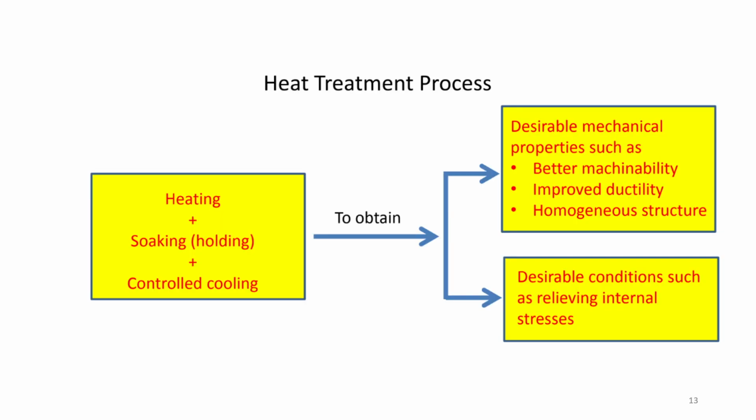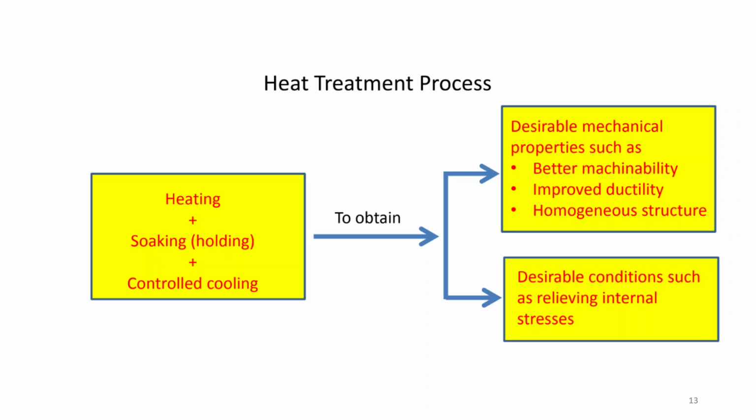Now in case of heat treatment, it can be defined as heating a material, then holding it at a particular temperature followed by controlled cooling. Controlled cooling means with a controlled cooling rate.